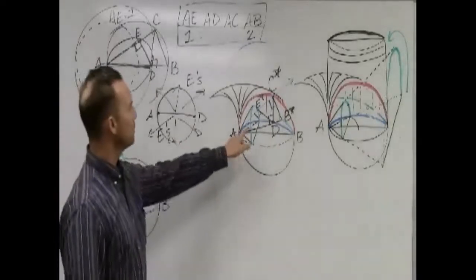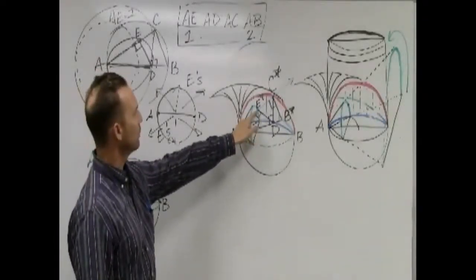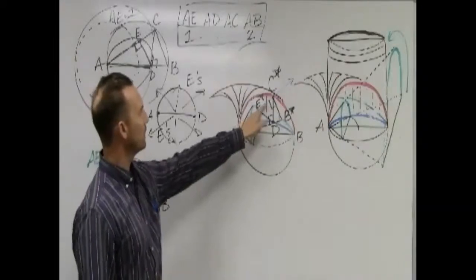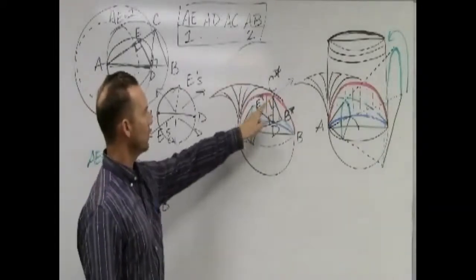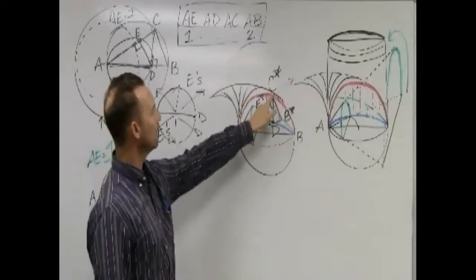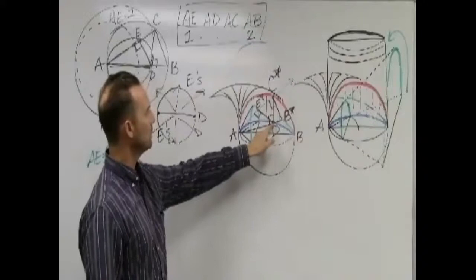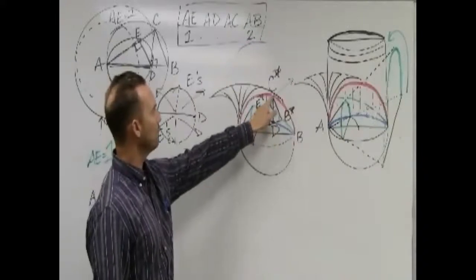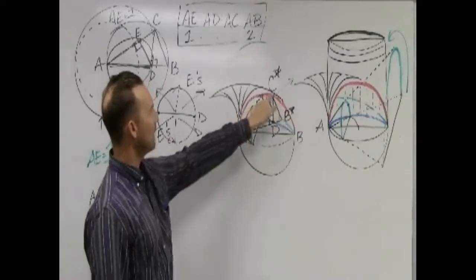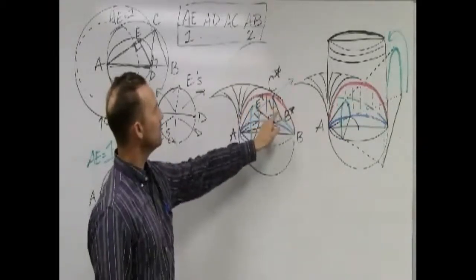So as I move along the green cone, I reach a certain point where my yardstick would hit the red line. That red line would be dropped down to D.